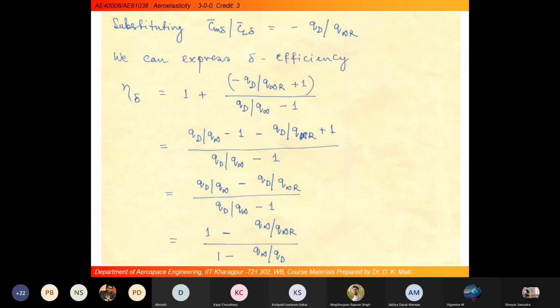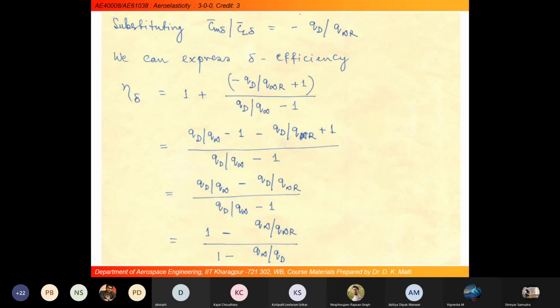And now this is the condition of control reversal: Cm delta bar by Cl delta bar is equal to minus Qd divided by Q infinity reversal.